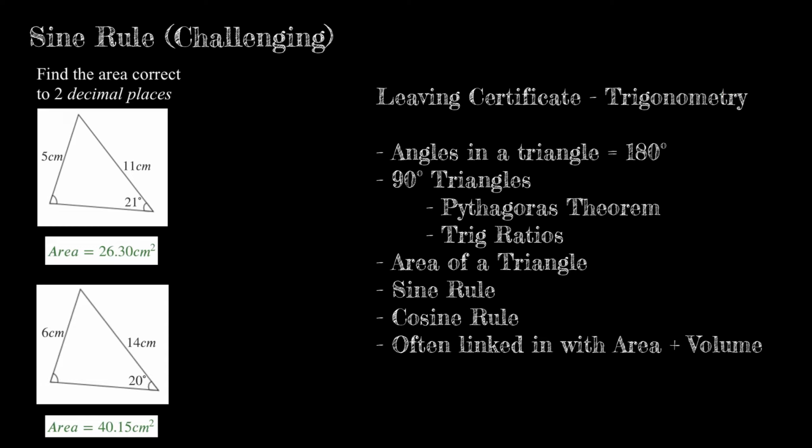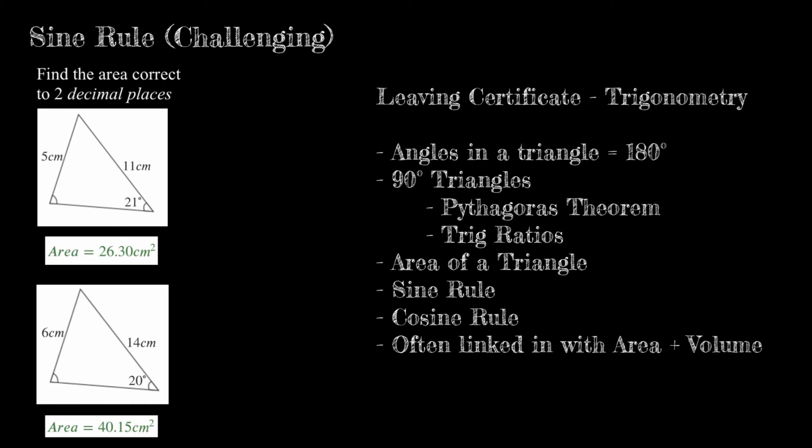If we're going to get the area of this triangle, we'd have to use half AB sine C. And half AB sine C is where we have an angle and a side either side of that angle.